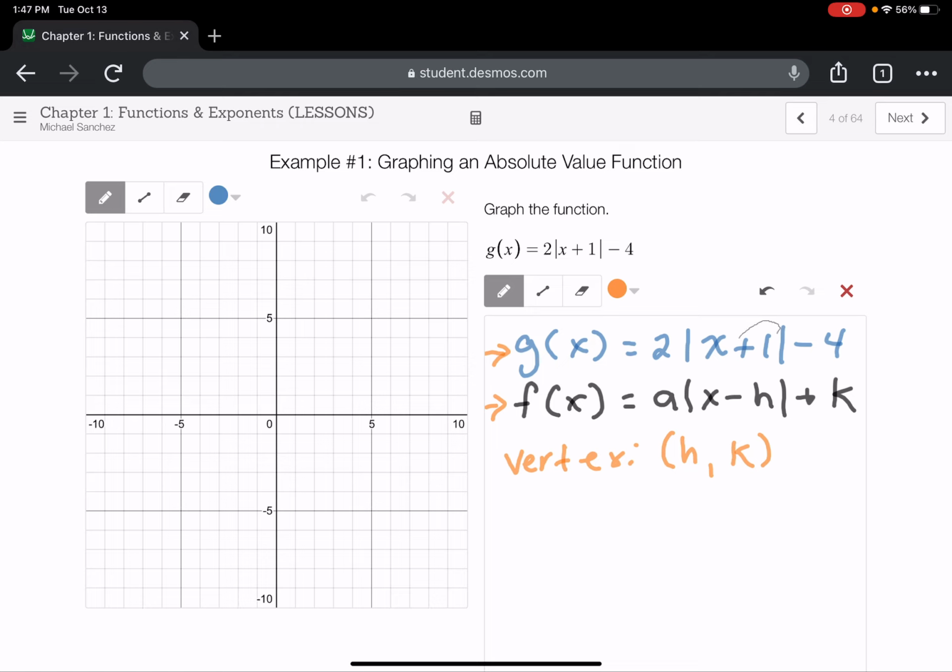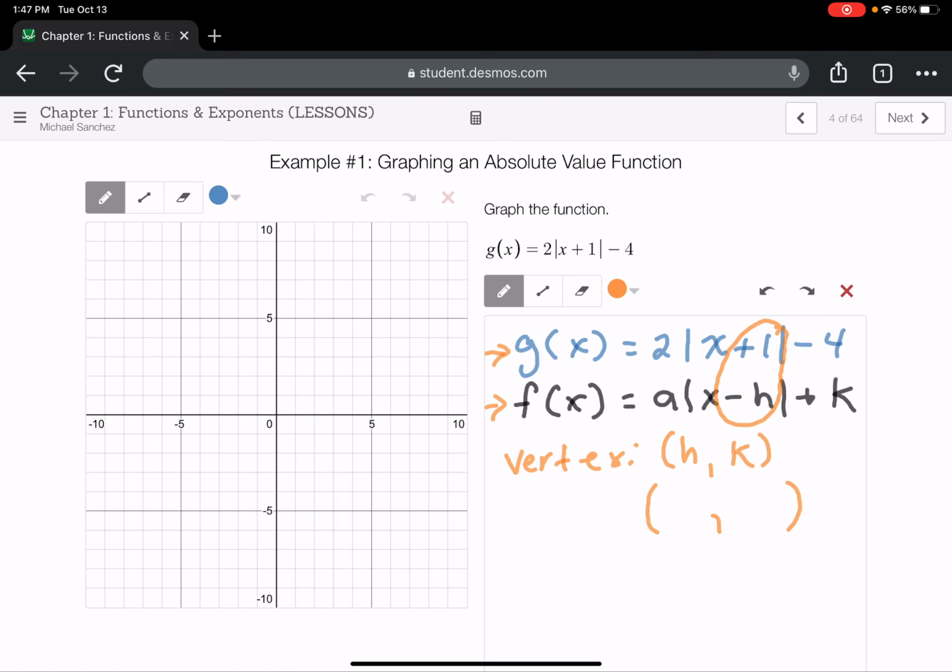So I'm going to go ahead and circle this section right here. And notice how I have a plus 1 in the same place where the h would go in our function. So that's the number that I would put for my coordinate. But notice how this is negative h.